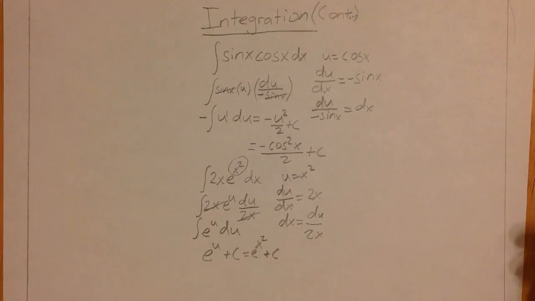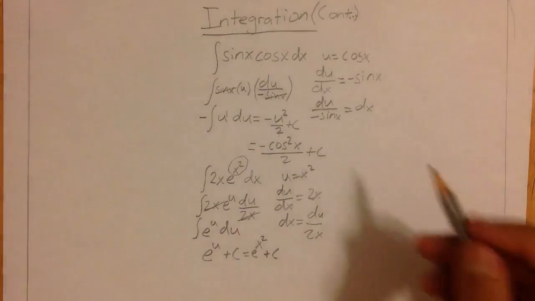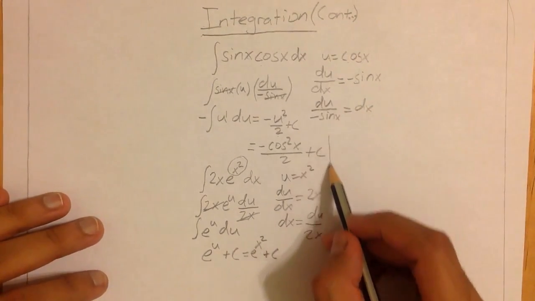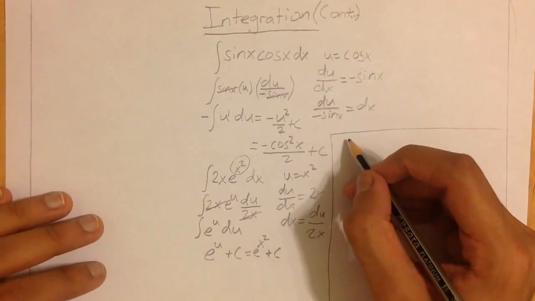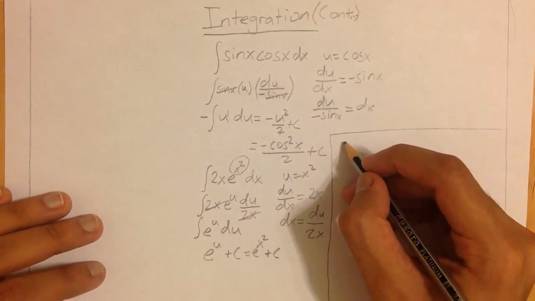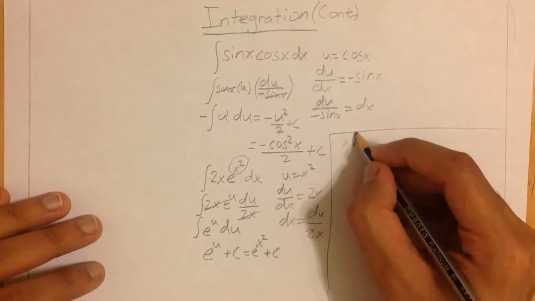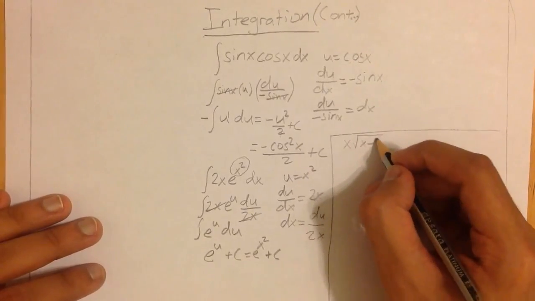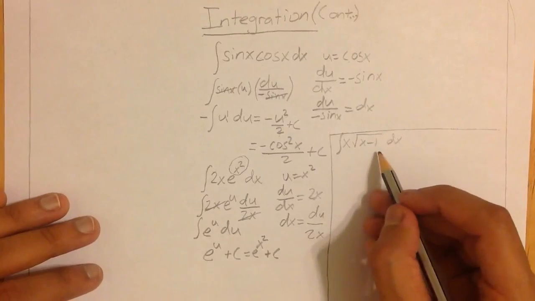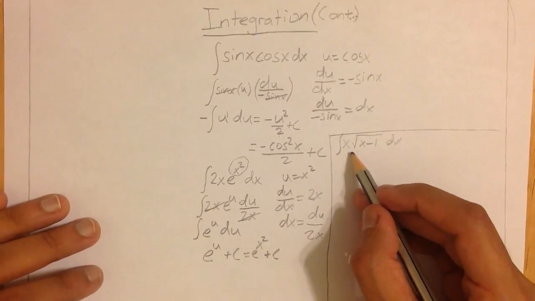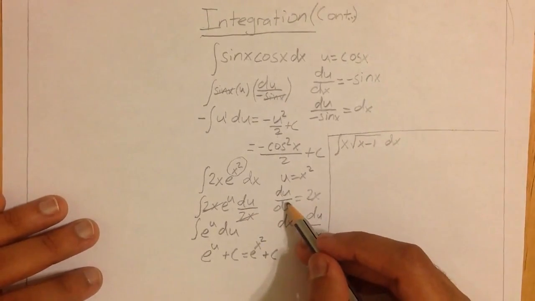Let's look at one more, slightly more complicated example of a u substitution. So I'll just do this in this little box over here. So let's look at the function x times the square root of x minus 1. So if we want to integrate this, we can use the same method.